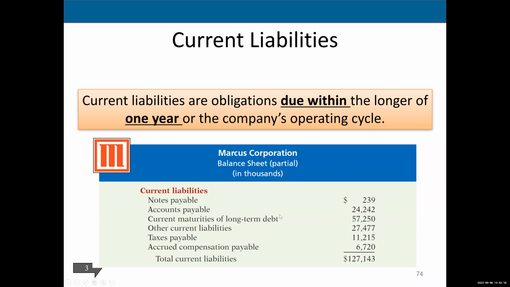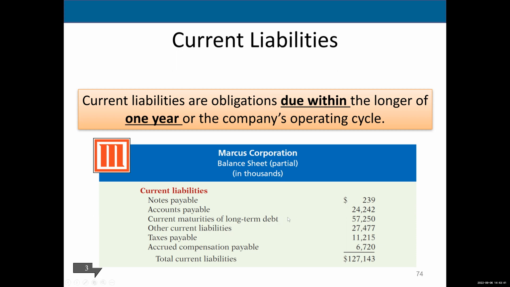This one is interesting. Current maturities of long-term debt. I remember having to figure this one out as a young CPA. My job as an auditor was to go through all of the notes of my client and to see how much they're going to have to pay within the current year.